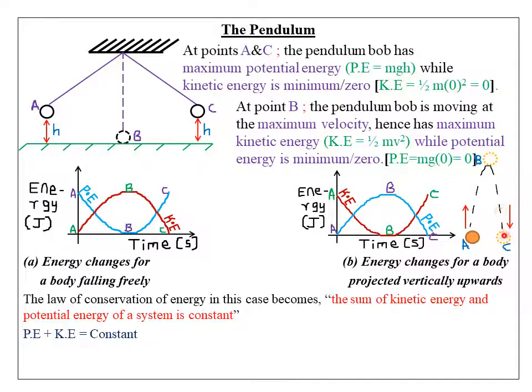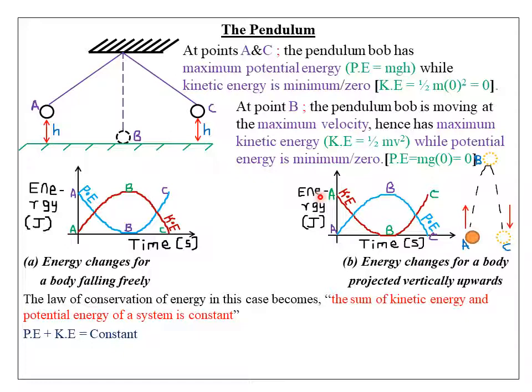Then the body accelerates to point C, where again it has the maximum velocity because it is moving due to gravity, or because of its weight. So when it has maximum velocity, kinetic energy also becomes maximum. You can see at point C, the body has maximum kinetic energy from this particular curve here.